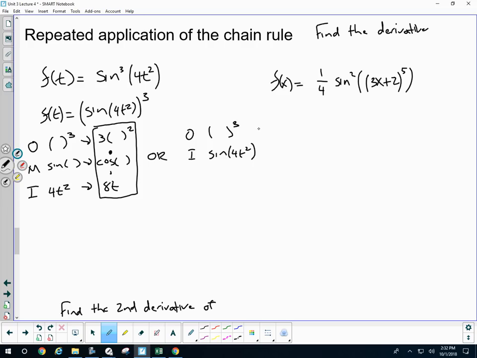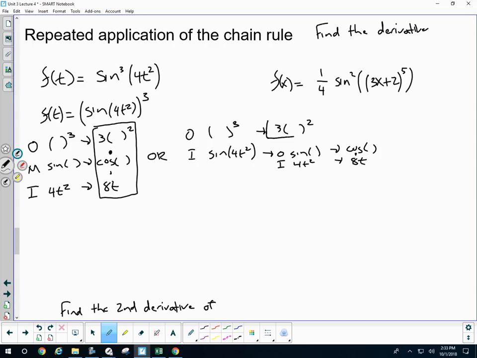You'd say, okay, the derivative of the outside, 3 stuff squared. But for the derivative of the inside, I have an outside and inside of that. The outside is the sine, and the inside is the 4t squared. The derivative of the outside, cosine, the derivative of the inside, 8t.